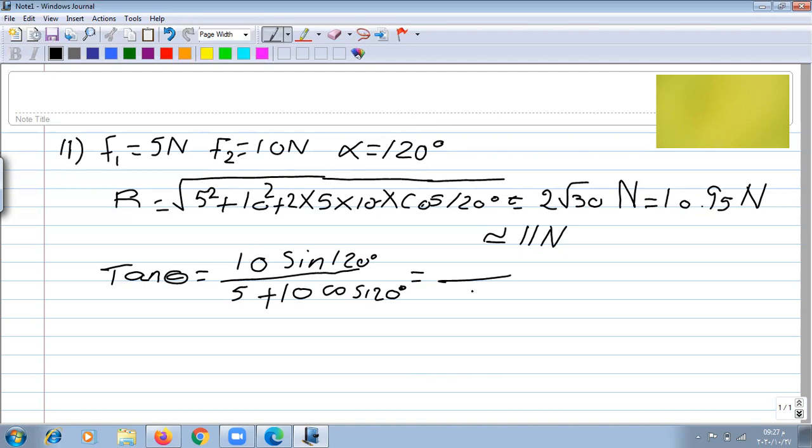The denominator will give me 0, and we will have a value in the numerator.